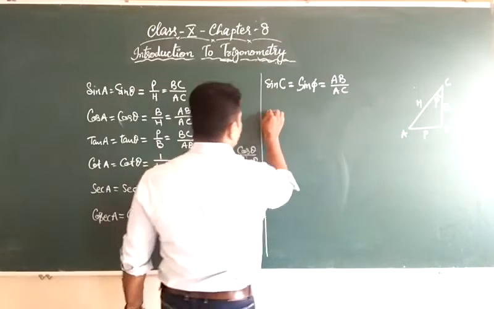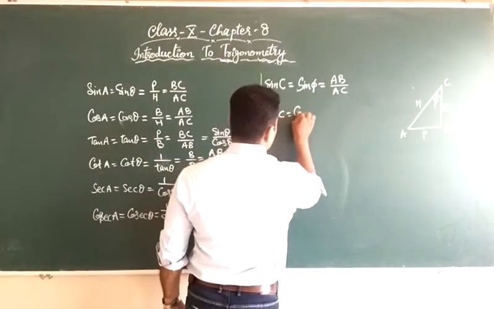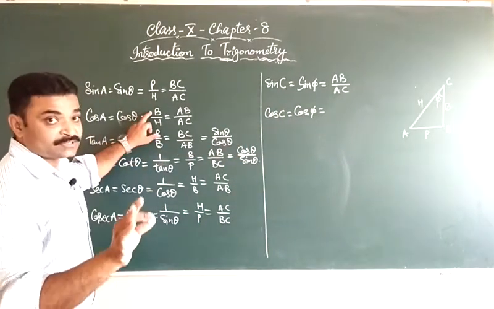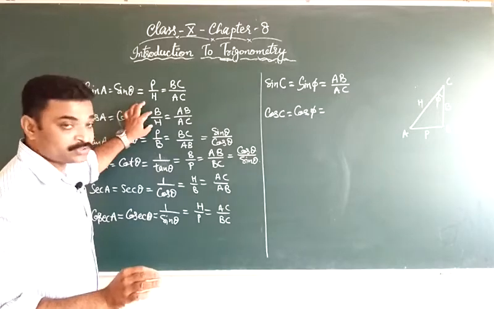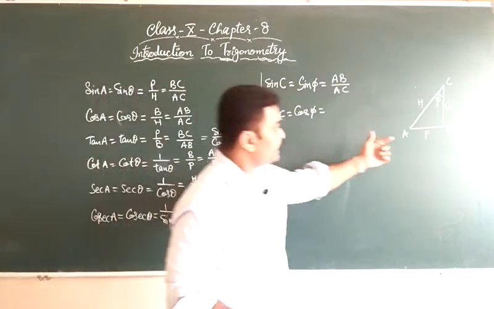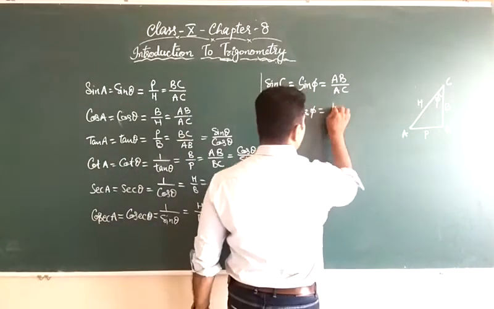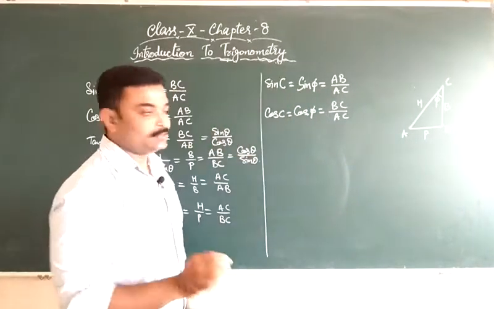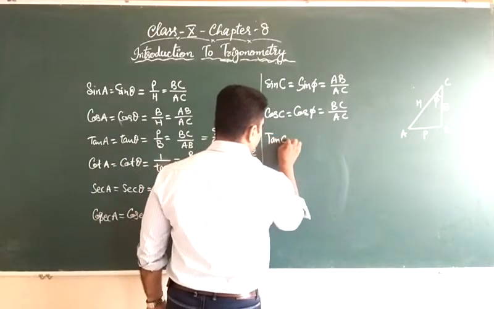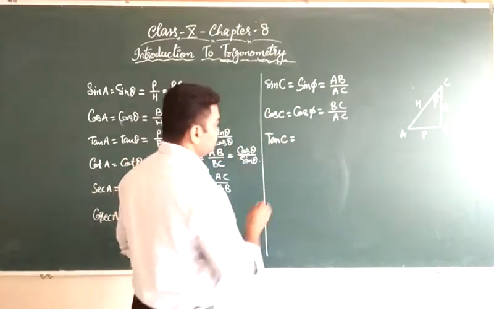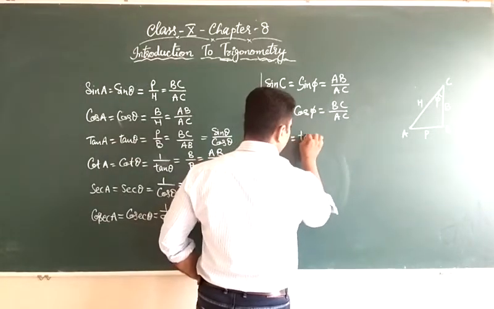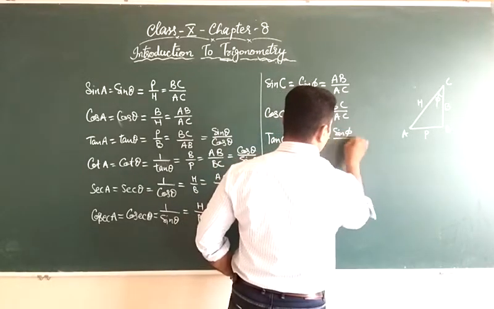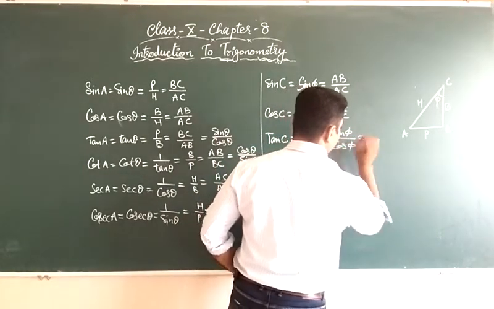Okay. Now cos C is equal to cos phi, and cos phi is equal to base upon hypotenuse. Here the base is BC, so we will write BC upon hypotenuse AC. Clear? Tan C is equal to tan phi, and tan phi is also written as sin phi upon cos phi.